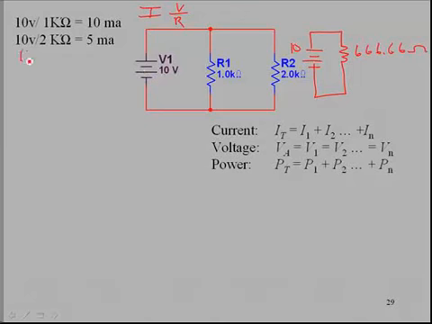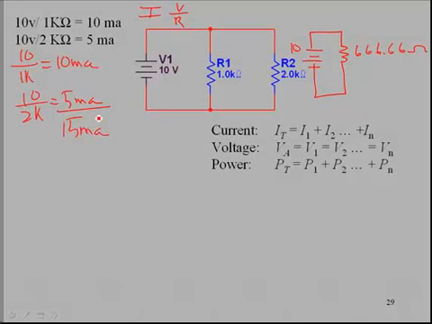So we have 10 volts divided by 1K ohm, and I already did this right here. So that is going to be 10 milliamps. Remember, we have the same 10 volts across R2, the 2K here, so that would be 10 volts across 2K. That would be 5 milliamps. So our total current across both components is going to be 15 milliamps.